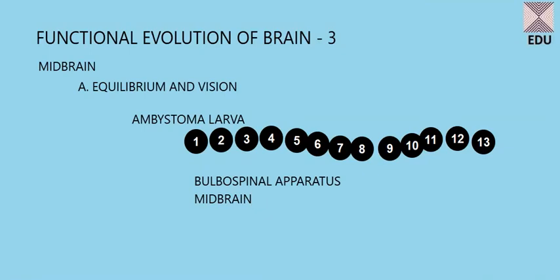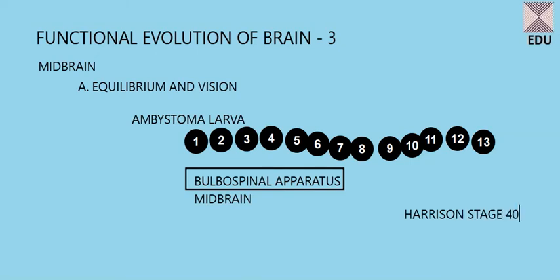If the bulbospinal apparatus is removed from the larva, the larva reaches a particular stage of development which is called the Harrison stage 40. So we have different stages like 1, 2, 3, 4, 5, and so on. If you remove the bulbospinal apparatus, which is a part of the midbrain, the larva reaches stage 40, and this is called the Harrison stage.